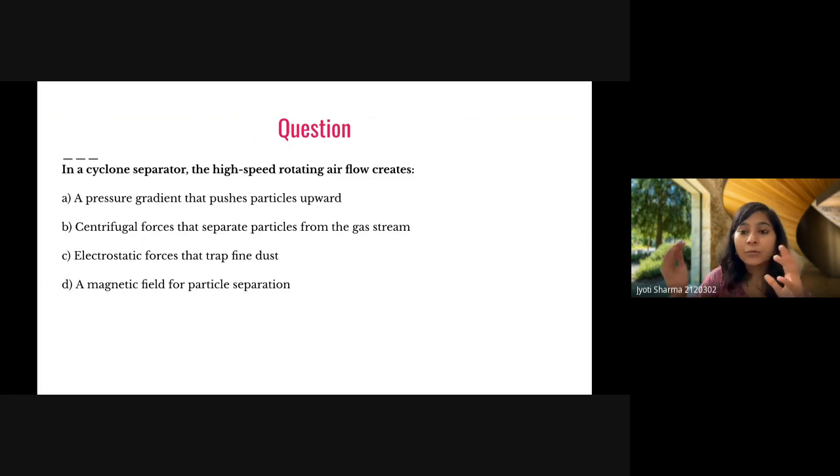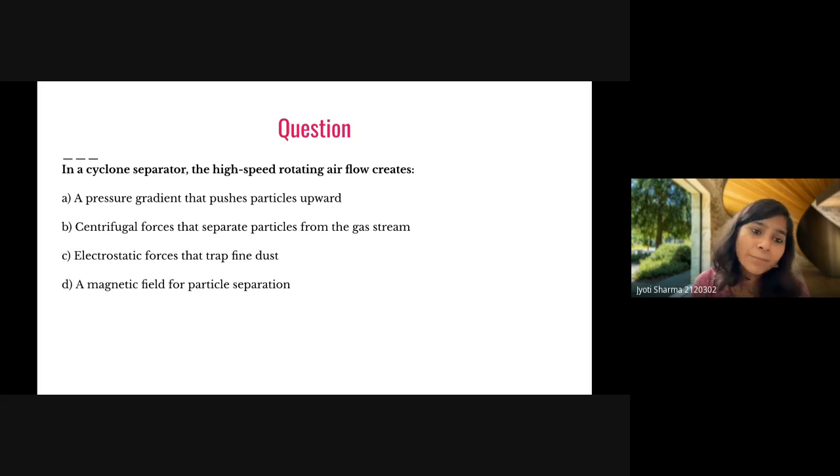Whenever your air moves spirally, there is rotation, and then there will be outward and inward force, and that gives the collection of particulate matter in the cyclone.